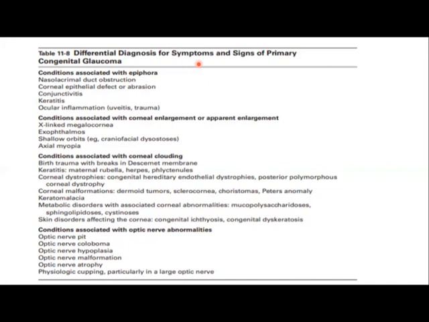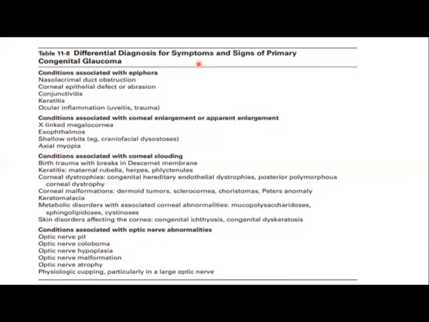So based on severity, we could do only trab or trab with trab. Then if it is failing, we will go for GDD. It is not the case with other associated anomalies. If it is really Axenfeld-Rieger or Peters or other things, we have to do a GDD primarily.